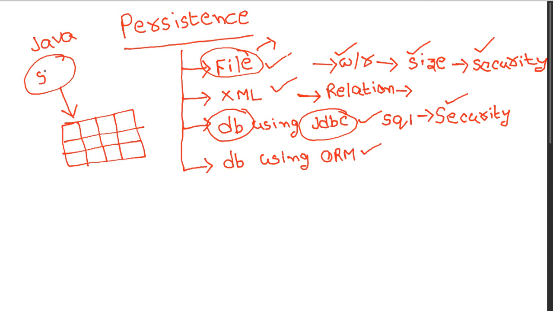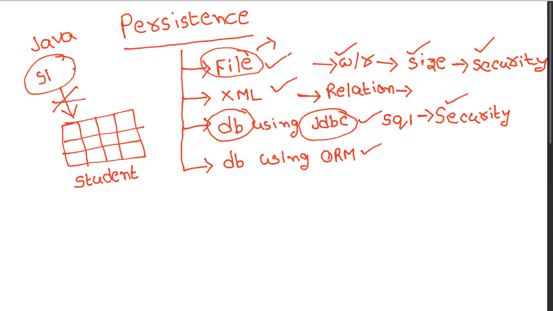In Java, if you want to save the student object into the database, I need to use the getter methods of the student object and write an insert query. So the disadvantage of JDBC is that I can't directly insert Java objects into the database.